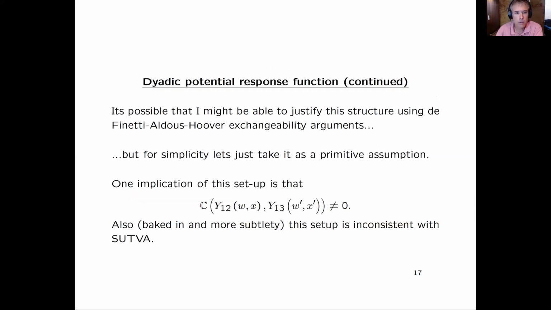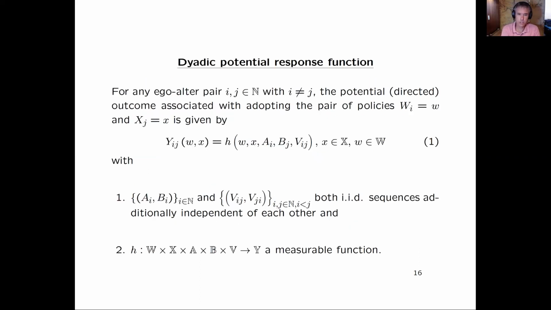Now, if you did some sort of deep dive into the world of exchangeability arguments, you might be able to more primitively justify this type of potential response structure. But to keep things simple, let's just take this as a primitive assumption. Already, you might think, well, this is very structured. It must be restrictive, and that's probably true.